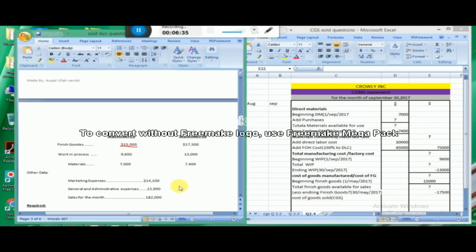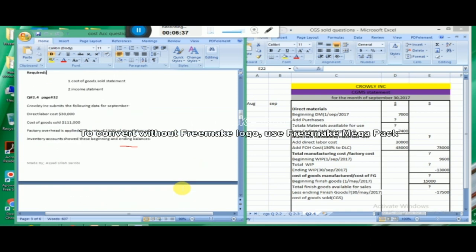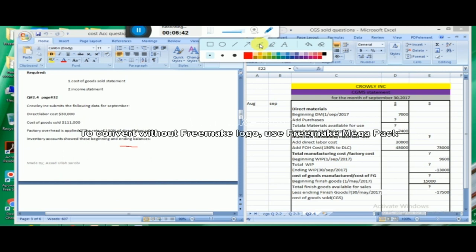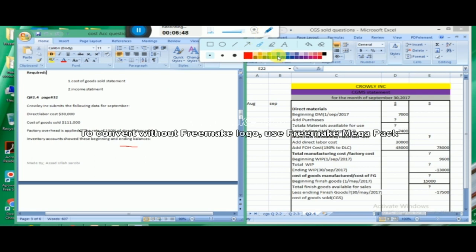If you check here, the cost of goods sold is 1,11,000. Yes, 1,11,000.